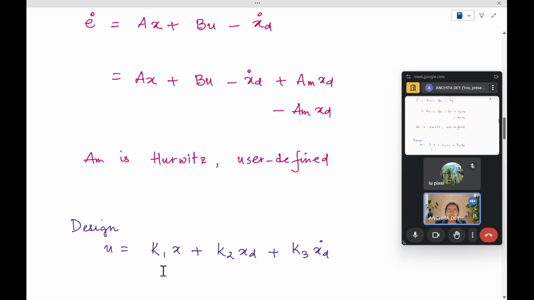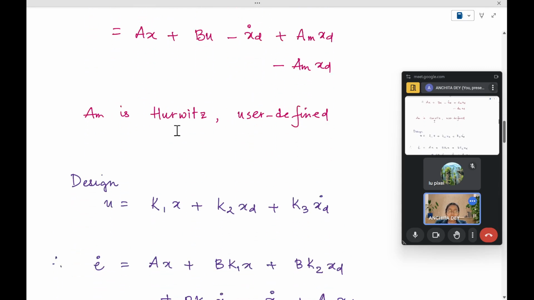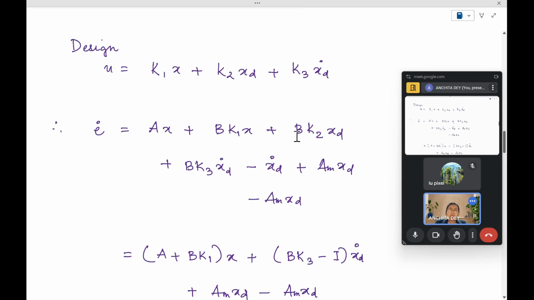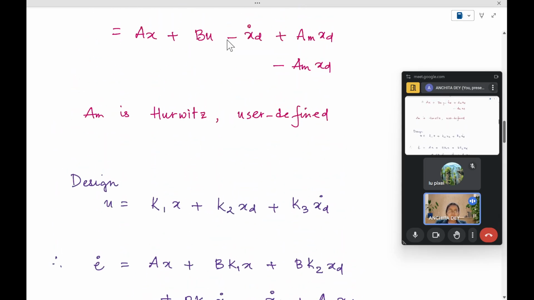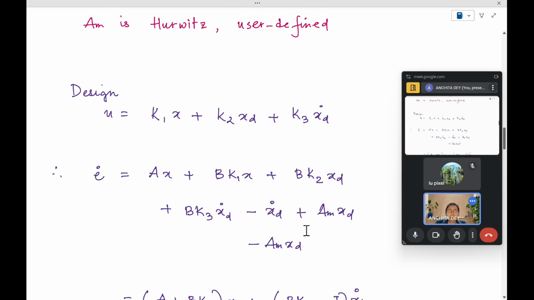So we design u, picked in the structure to be k1 into x plus k2 into xd plus k3 into xd dot, so that we can address x, xd dot as well as xd. Okay, that's how the controller is designed. So if we replace this in the e dot expression, we get e dot equal to ax plus b k1 x plus b k2 into xd plus b k3 into xd dot, and then you have the same term minus xd dot plus am xd minus am xd, right?